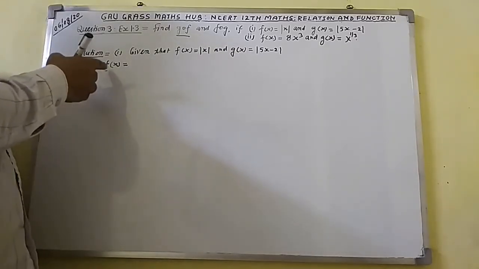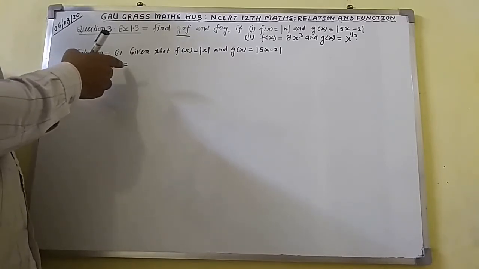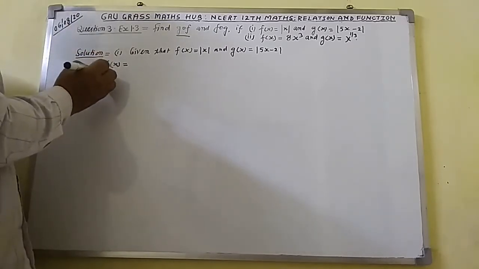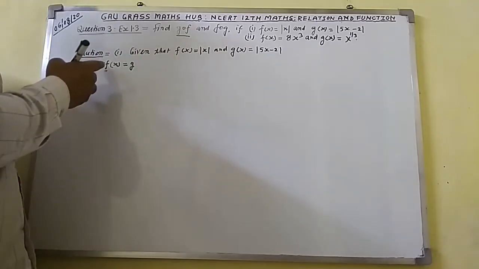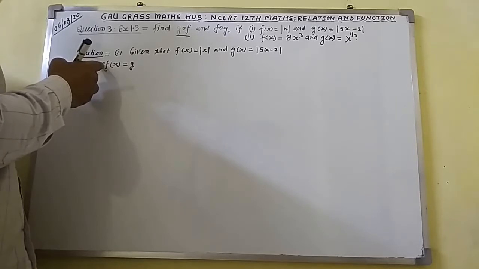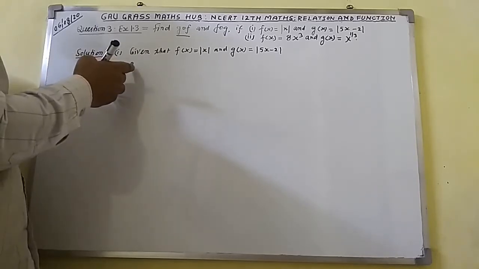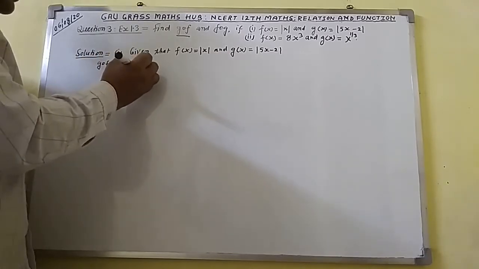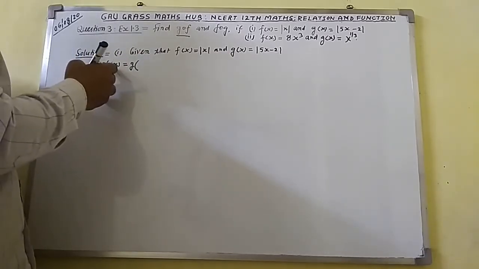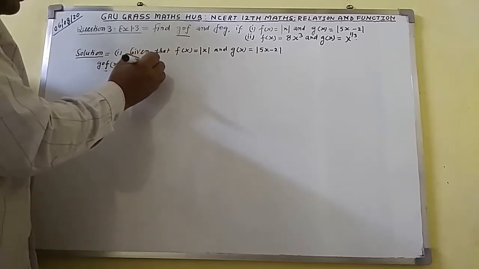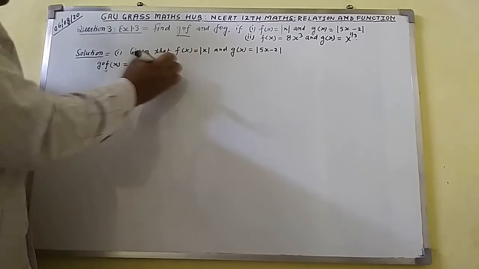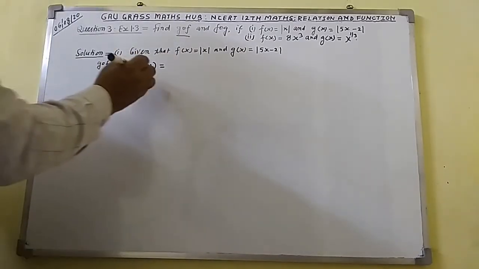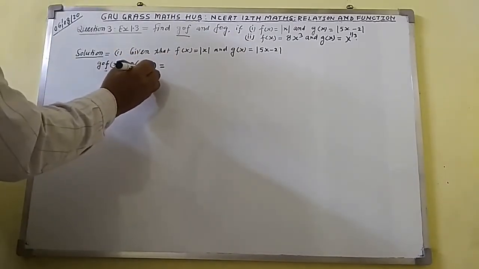The first letter is g, write g, and in place of the small o write a half circle bracket, and f(x) is there, write f(x).